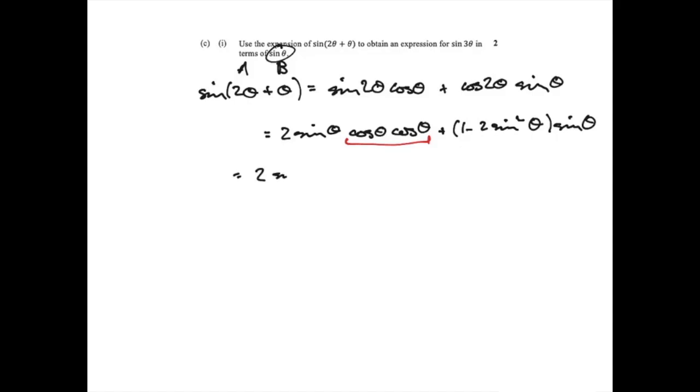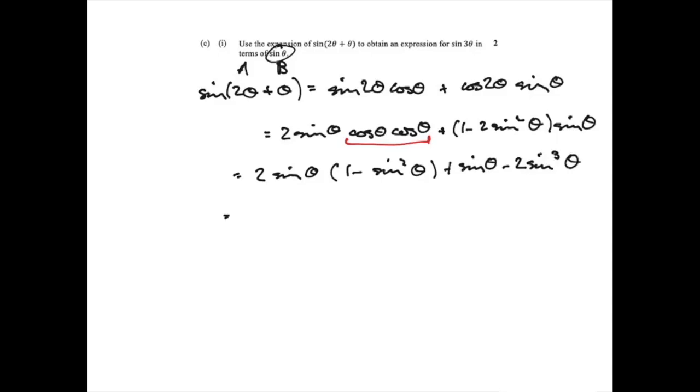So 2 sine theta, 1 minus sine squared theta. Let's expand here, so plus sine theta minus 2 sine cubed theta.